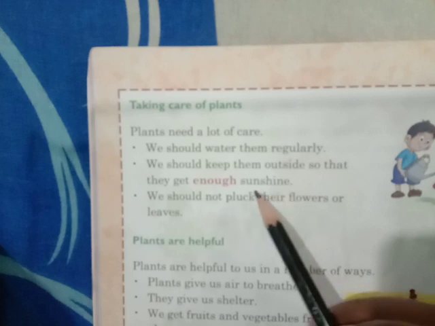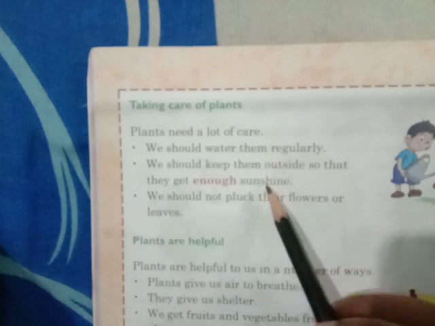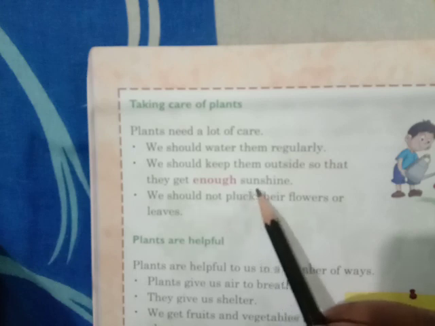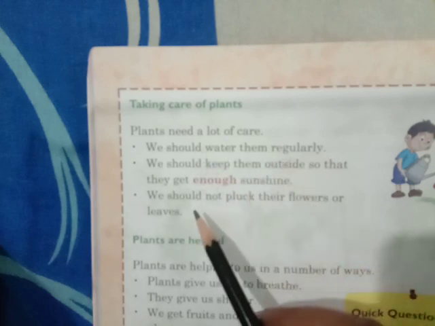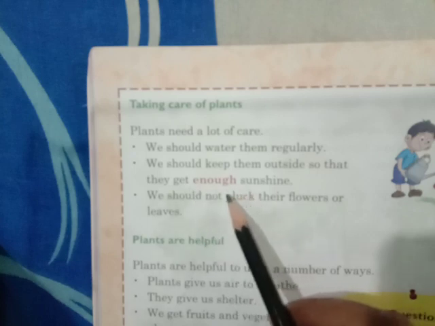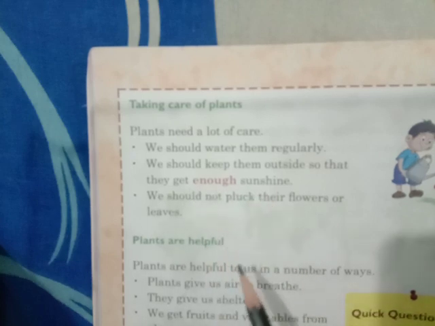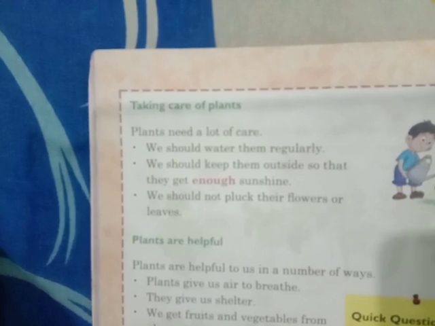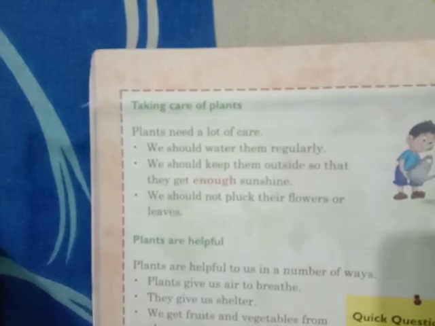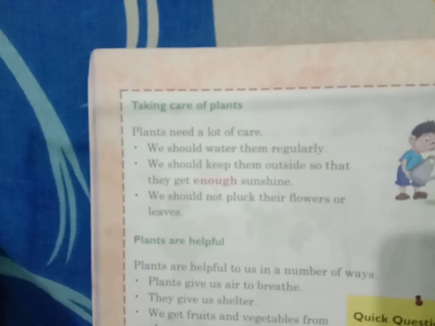For it to grow, it needs water as well as sunshine. So how can you take care of a plant? By watering them regularly and keeping them outside for some time in the sunshine. And what must you remember, children? Never pluck the leaves or the flowers of a plant.